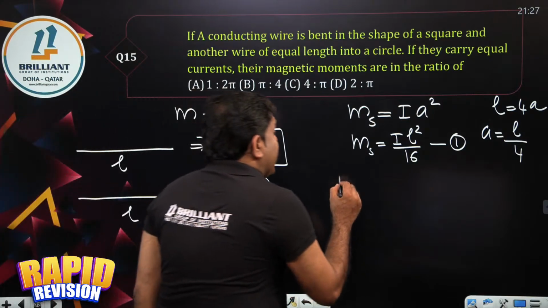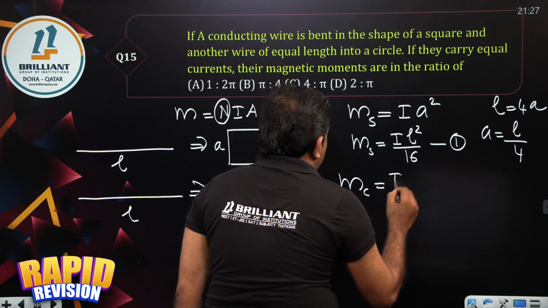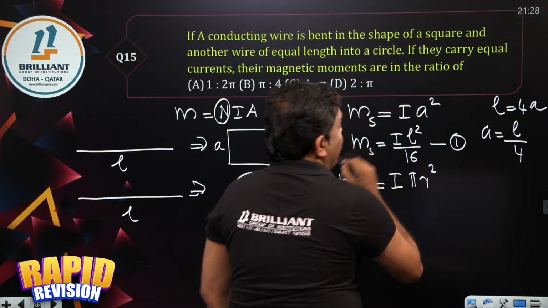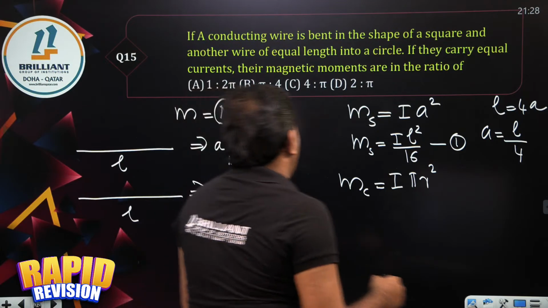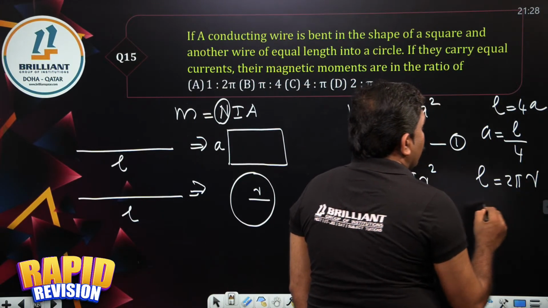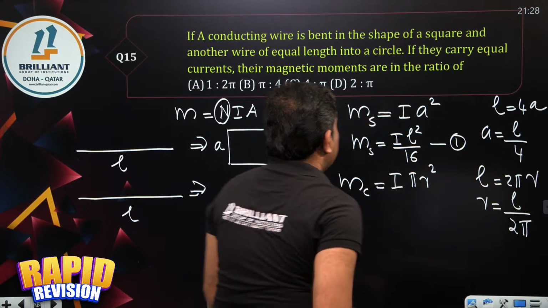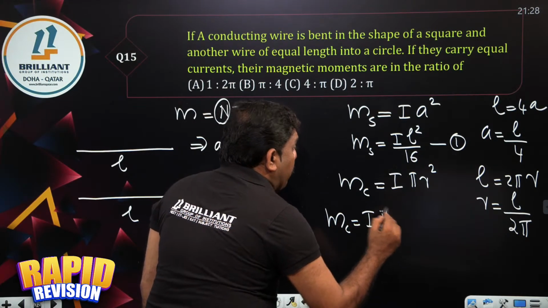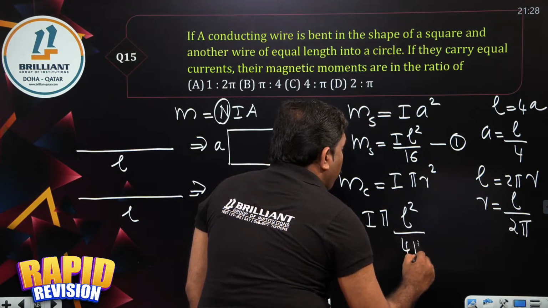What is the magnetic dipole moment of the circle? Current I, circle area pi r square. Now I want to find this r in terms of L. L equals circumference 2 pi r, so r equals L by 2 pi. Substituting that, MC is equal to I pi into L square divided by 4 pi square.